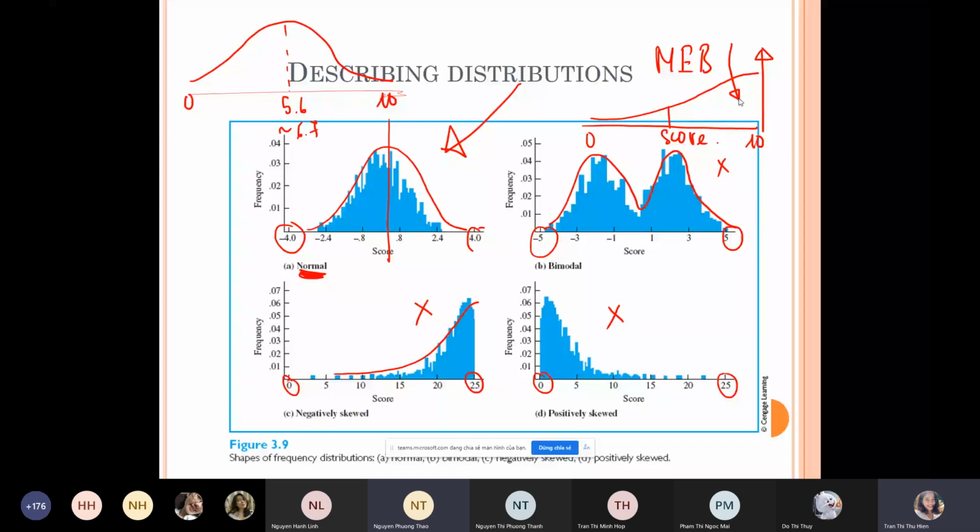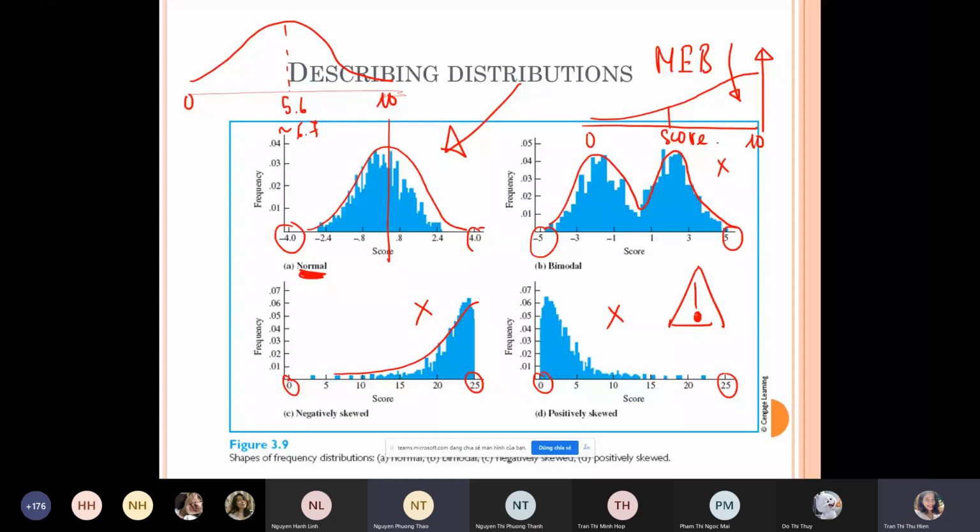So maybe we have to change the way we make the test this semester. When your data have three kinds of distribution: bimodal, negative, or positive, it means that we have trouble.